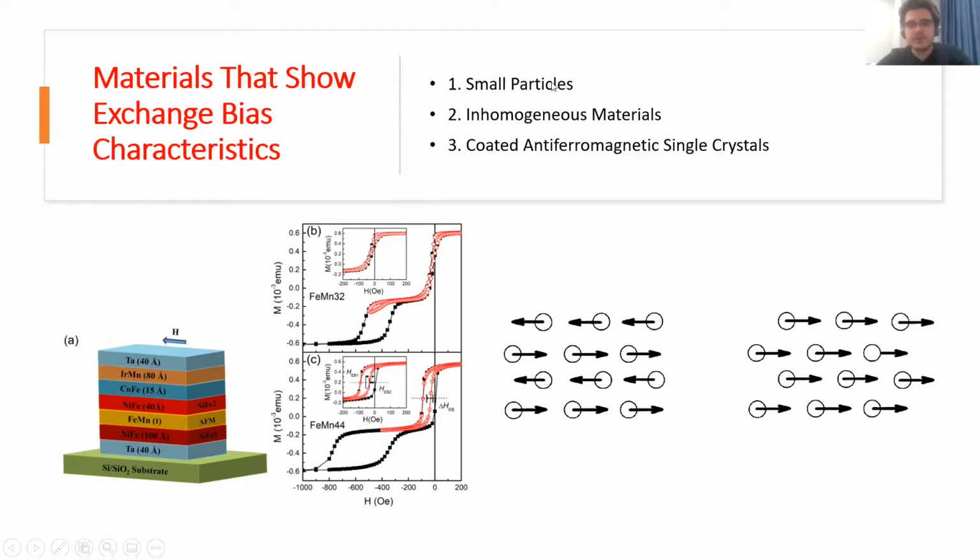Scientists, after observing these two systems, came to a third one, the coated antiferromagnetic single crystal. What is a coated antiferromagnetic single crystal? An antiferromagnet cut along a single structure plane to give homogeneous characteristics, and after that, it is covered with ferromagnetic material.